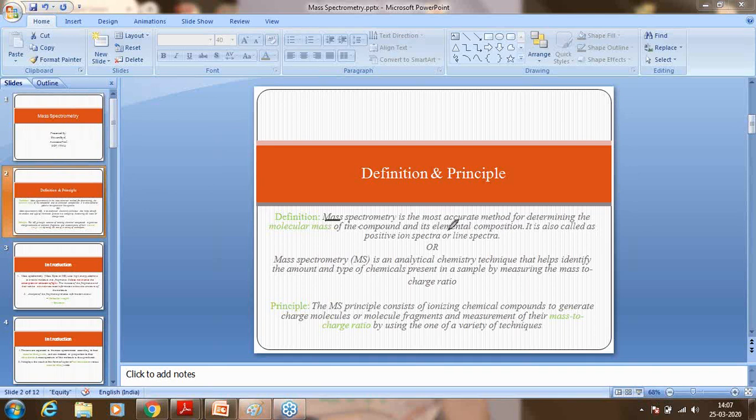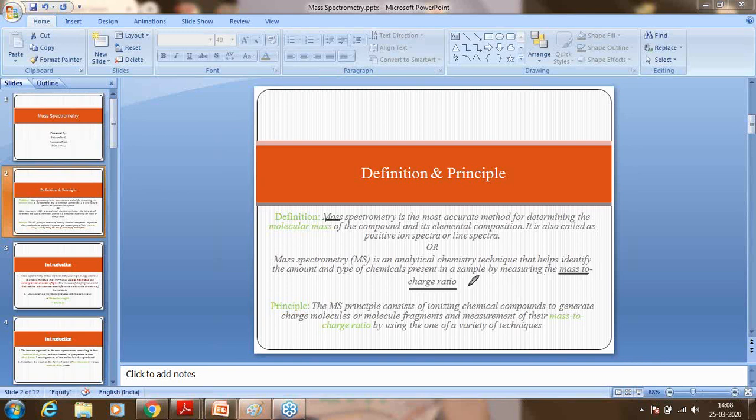It is also called the positive ion or the line structure. Or in other words, we can also define mass spectrometry as an analytical chemistry technique. Analytical chemistry technique means here we are doing the analysis that helps identify the amount and type of chemicals present, meaning qualitative as well as quantitative technique of presence of a compound in a sample by determining the mass to charge ratio.